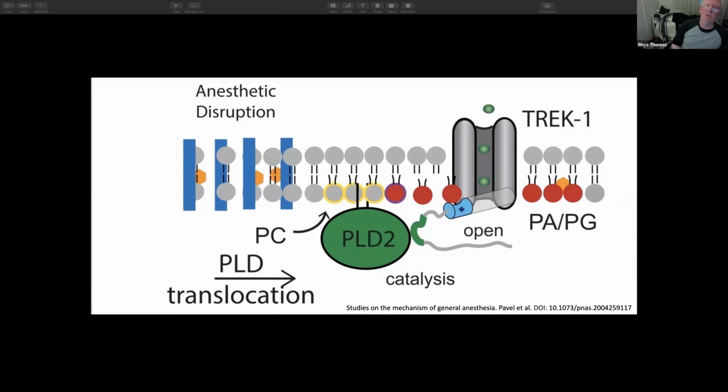They used knockout fruit flies and various different mechanisms to draw this out. But I thought it was an interesting example of seeing how these different aspects of the plasma membrane and the resting membrane potential can interact in the context of general anaesthesia.